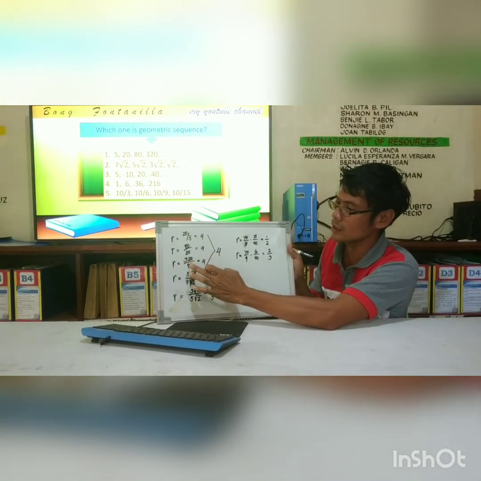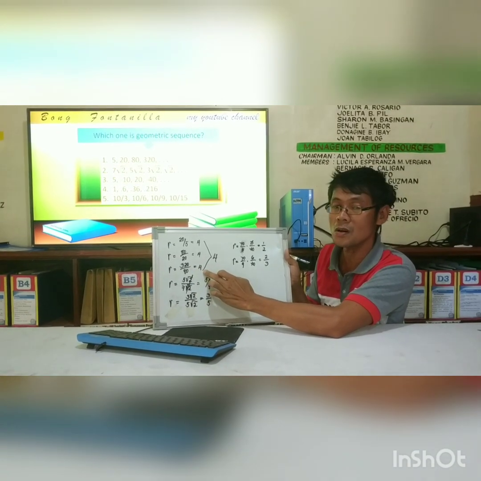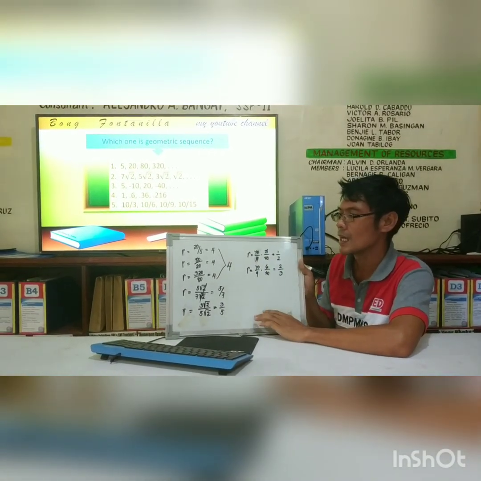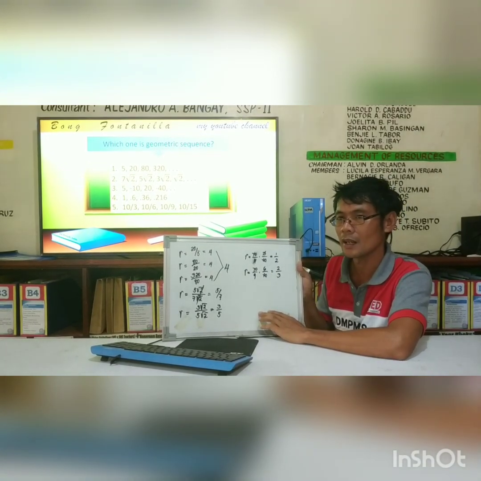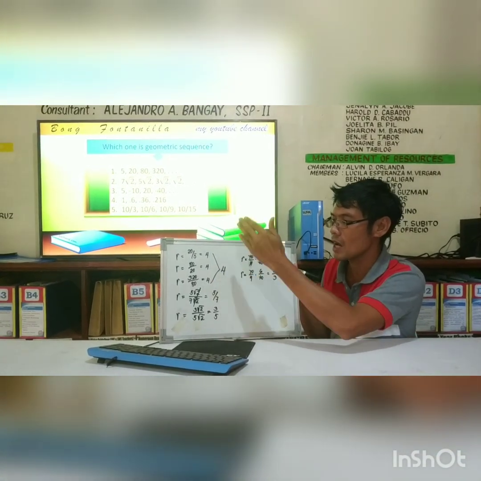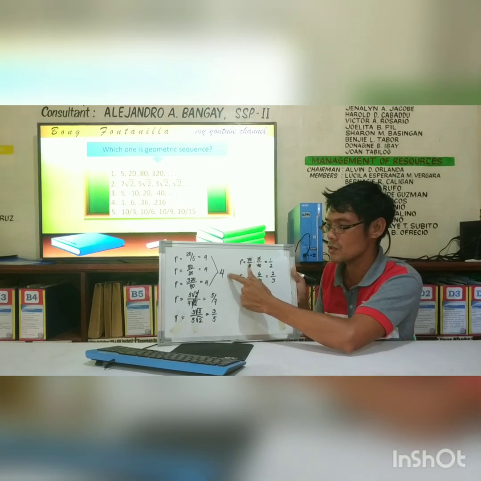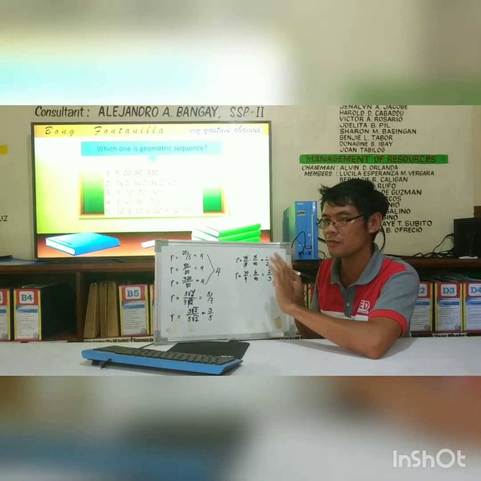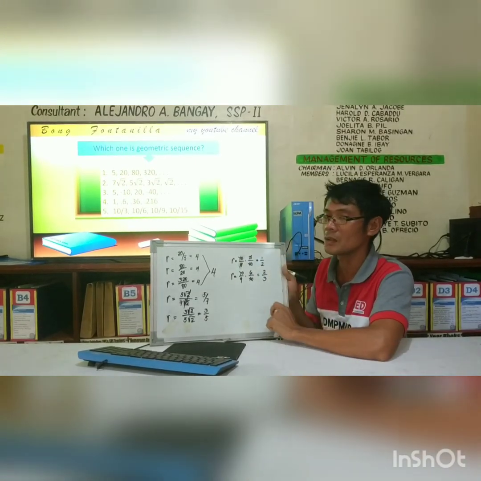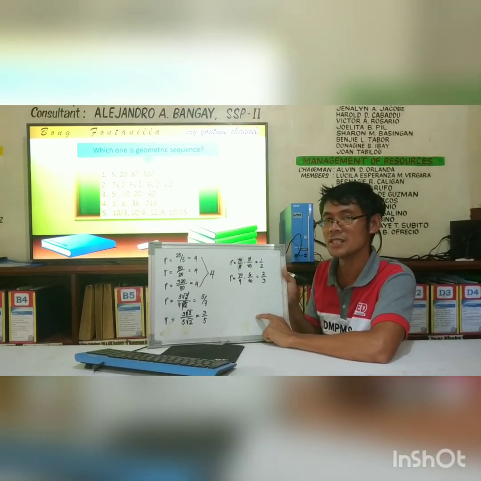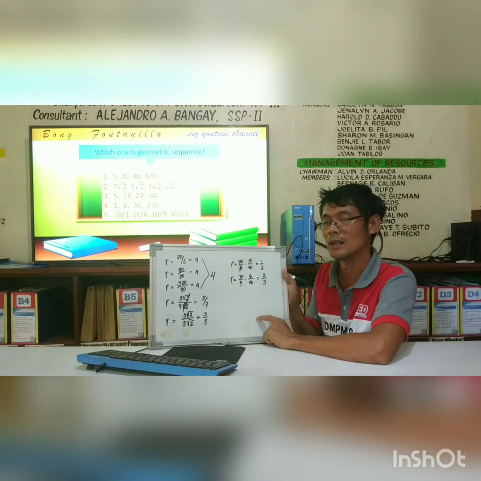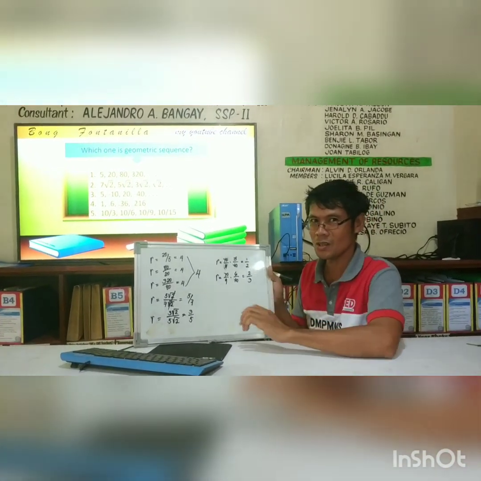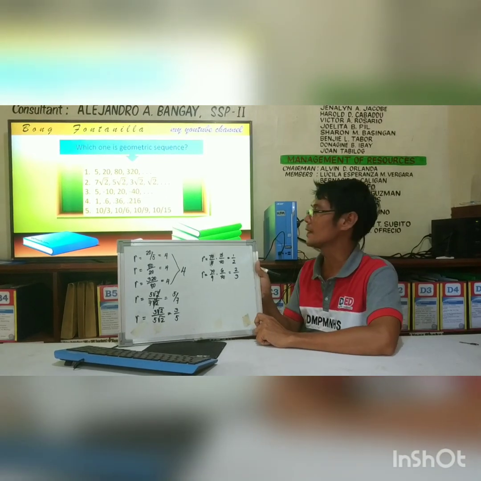So 320 divided by 80 is also 4. So we can observe that we have a common ratio there. So all the ratios are the same. So that's why it's called common ratio. If there is a common ratio, therefore, that arrangement or sequence of numbers is what we call a geometric sequence. I just hope you did understand.